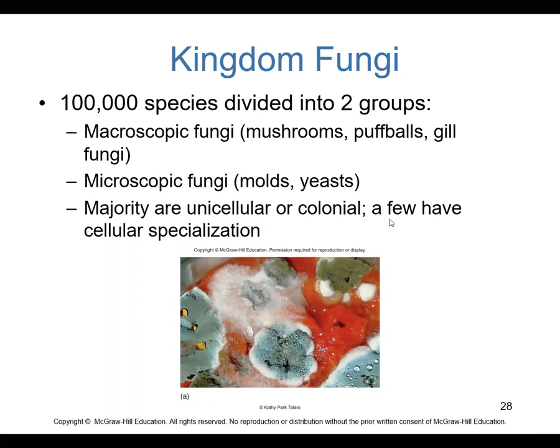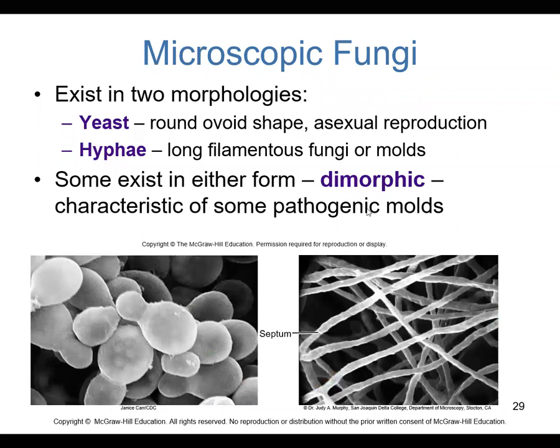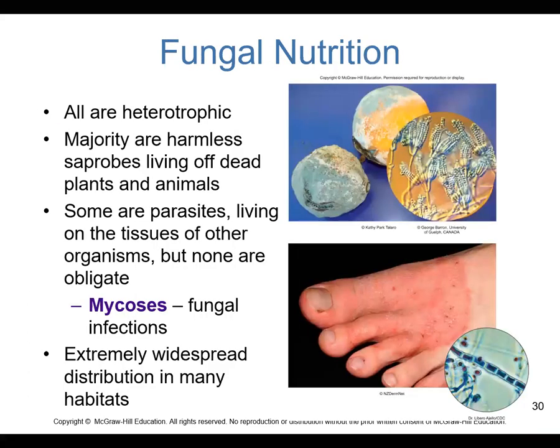Some of them have the cellular specializations, and that's the macro ones up here. But by far, most of them are unicellular. For the morphologies of these, you can have the round yeast or the filamentous hyphae. And then there's some that are dimorphic that form both, either the hyphae and the spores. We'll go over a lot of this.